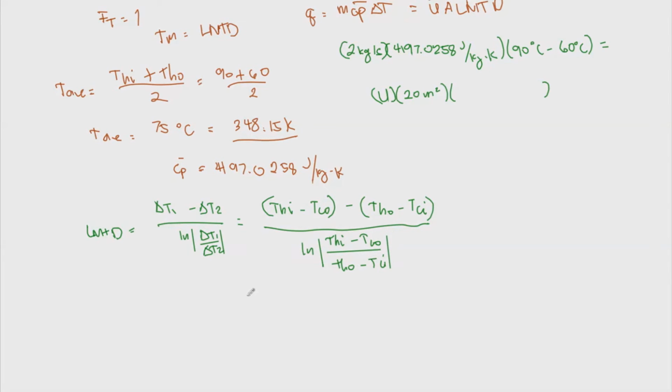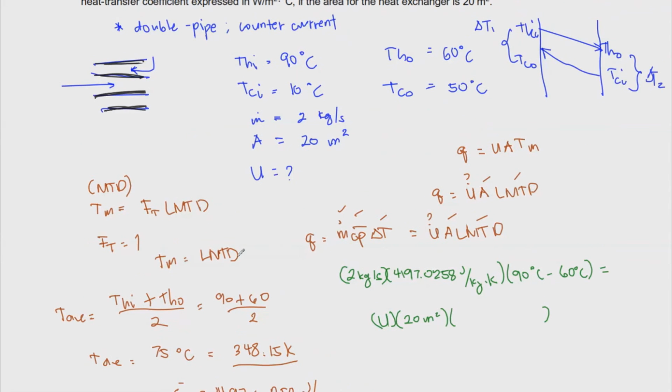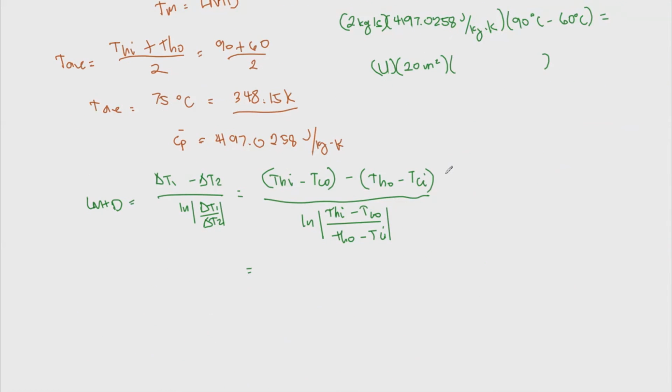Okay? And then we substitute for all the values here. Yung ating inlet is 90, and then yung TCO natin is 50. So we have 90 minus 50, and then minus, yung ating outlet becomes 60, and then yung inlet natin is 10. Okay, so this one is 90 minus 50, and then 60 minus 10.